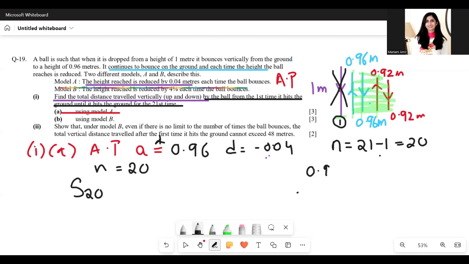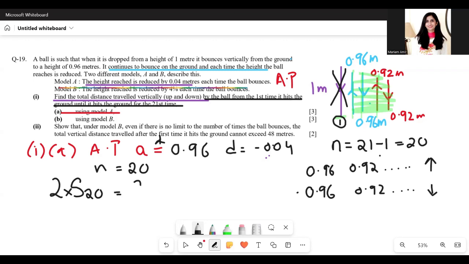There's 0.96, 0.92, and so on for the upward motion, and similarly 0.96, 0.92, and so on for the downward motion. So we find the sum of the first 20 terms for the upward motion and double it. So we have to do 2 times the sum of first 20 terms.